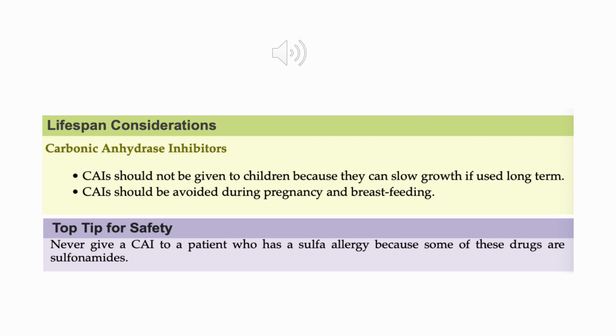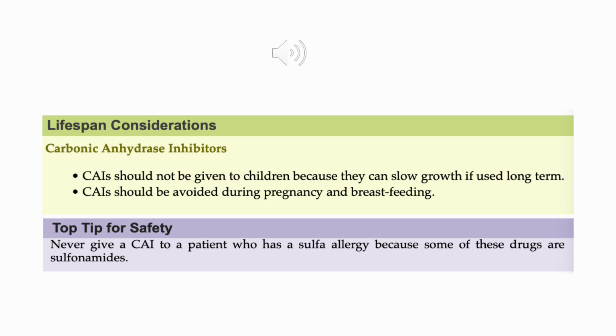The adverse reactions to some CAIs are related to the sulfonamide drugs and may cause an allergic reaction in patients who are allergic to any sulfa drug. The allergic response can happen even with eye drops, so notify the healthcare provider before giving a CAI to a patient with a sulfa allergy.